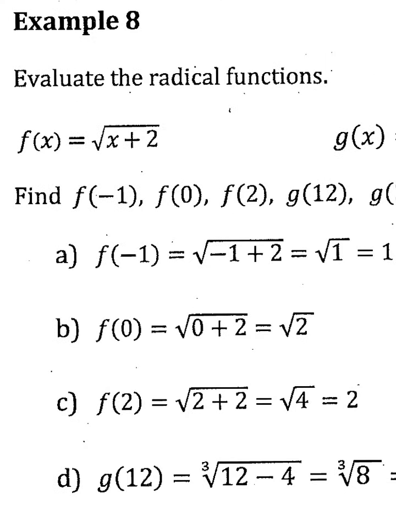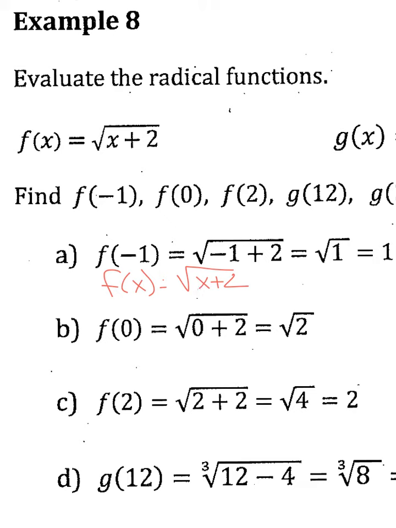So to find f of negative 1, we're going to use the f of x function. F of x equals the square root of x plus 2. To find f of negative 1, we'll replace negative 1 for x right in here.